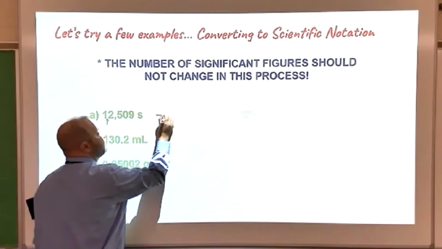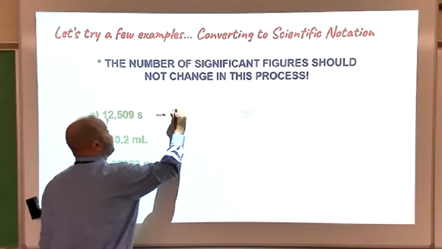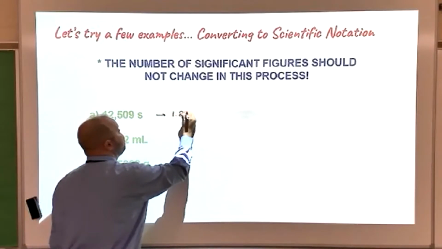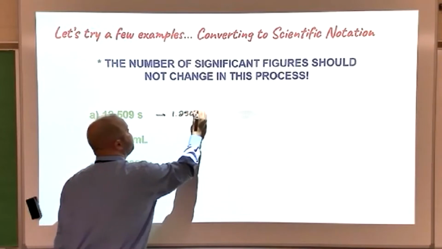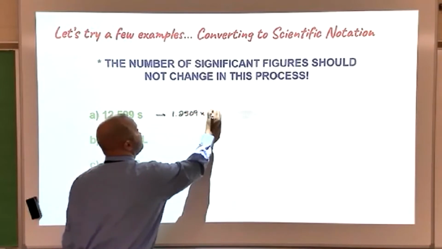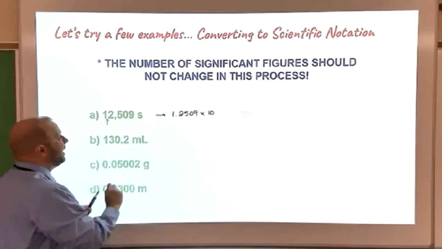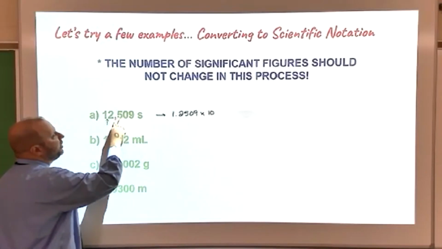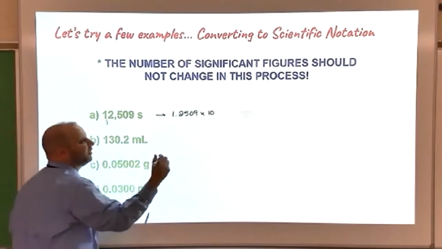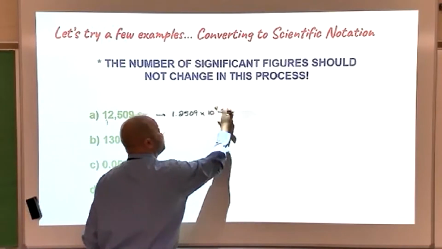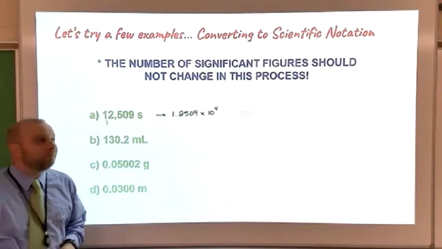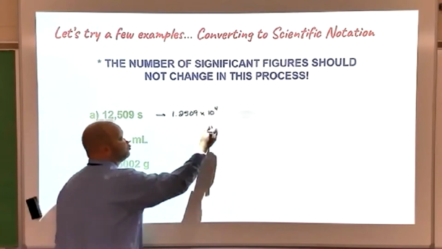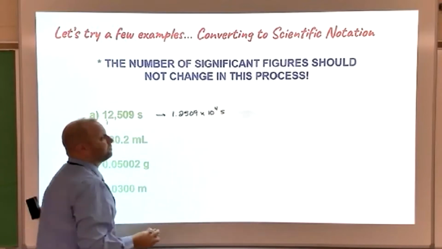So when we write this number in scientific form, we're going to get 1.2509 times 10. And now let's look: 1, 2, 3, 4 spaces I moved it. So the number of spaces that you move the decimal place becomes the exponent. And then, of course, we don't want to forget our unit.